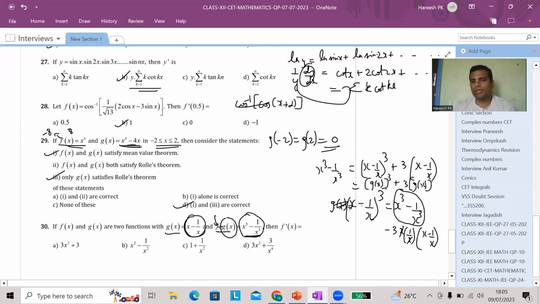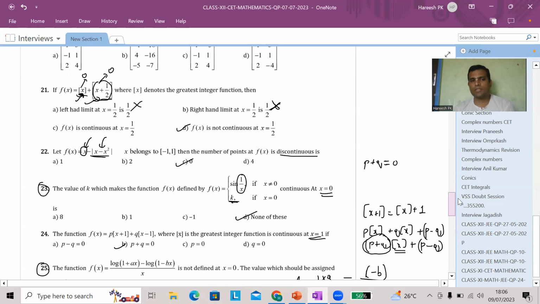It is cubing the input and then adding 3 times the input to it. So f of g of x is simply g of x whole cube plus 3 times g of x. That means f of x would be x cube plus 3x. So now when I differentiate, f dash x will be 3x square plus 3. That's option A.